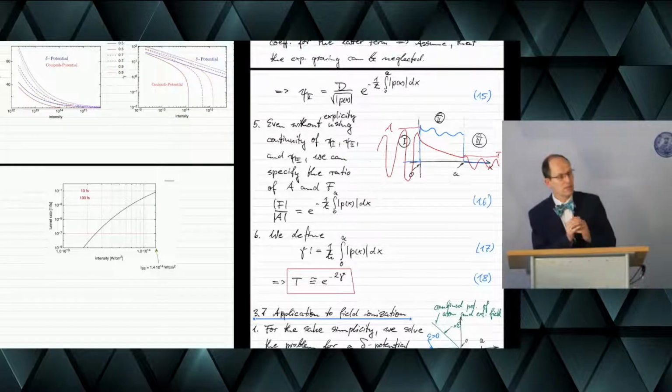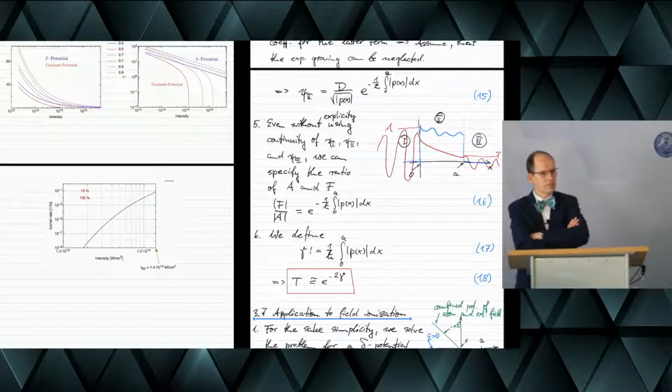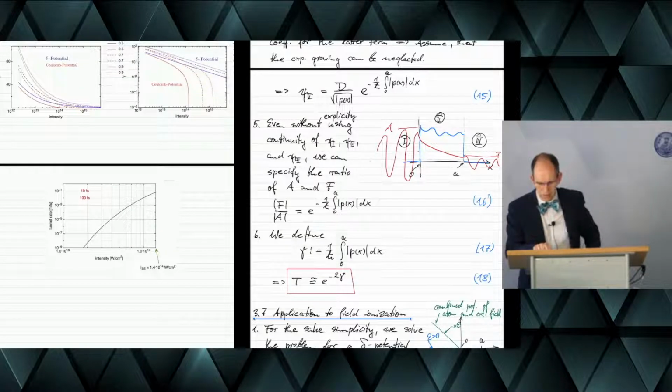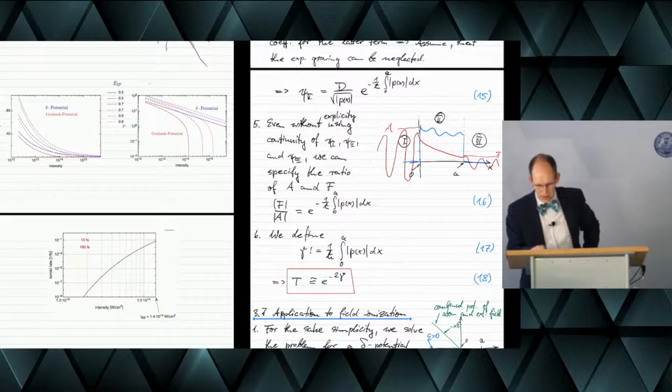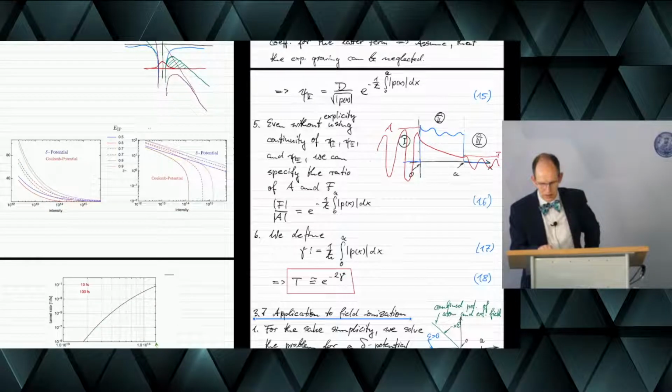Next question. How do we get to this per femtosecond? Because so far we only had one wave, and then we calculate how probable it is that this wave will end up on the other side. Do we multiply with the frequency, or? Well, if you look at this, we have atomic units here.